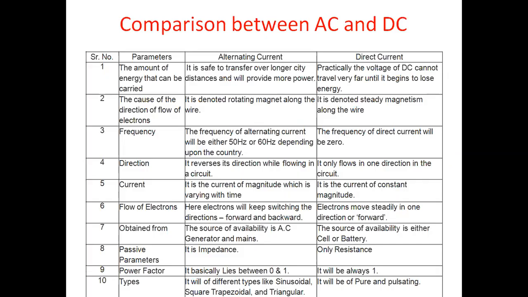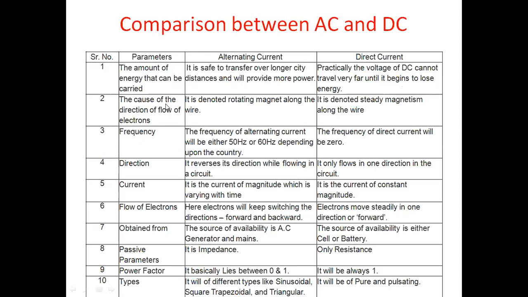Next point is the comparison between alternating current and direct current. The main difference between alternating current and direct current is given in the chart. The amount of energy that can be carried in the case of alternating current is safe to transfer over long distances and it will provide more power. But in direct current, the voltage cannot travel very far until it begins to lose energy.